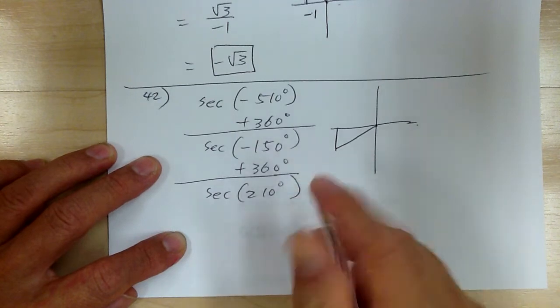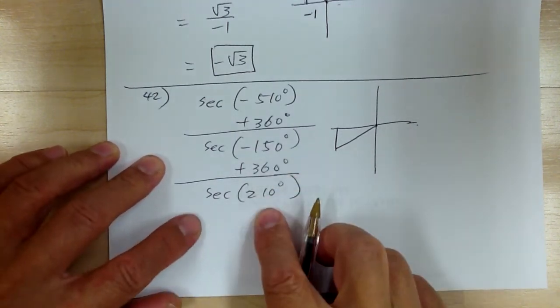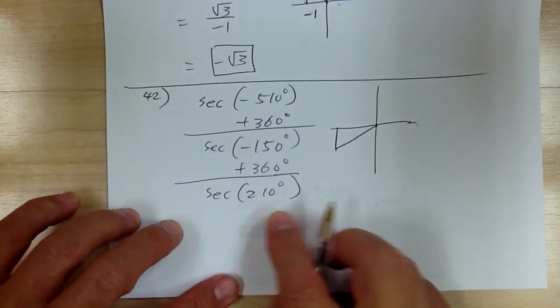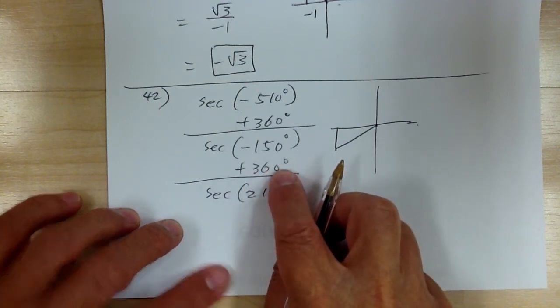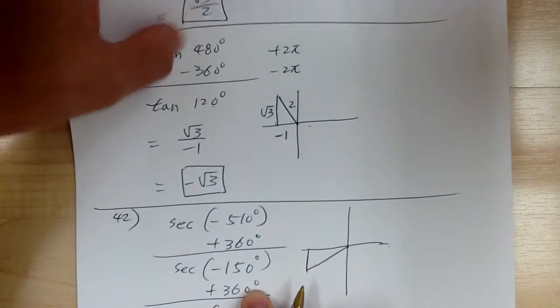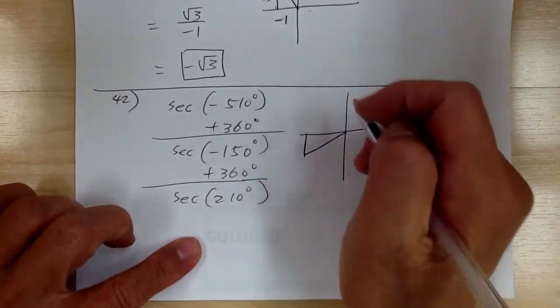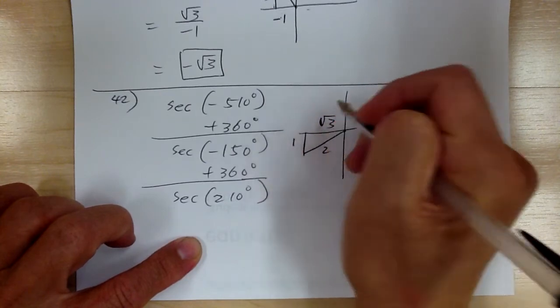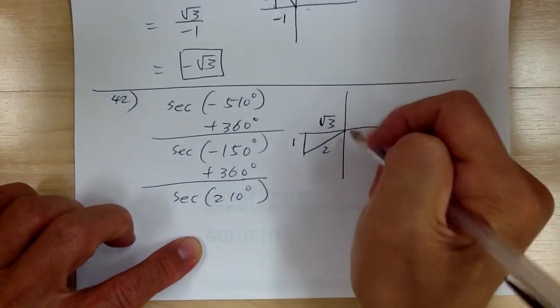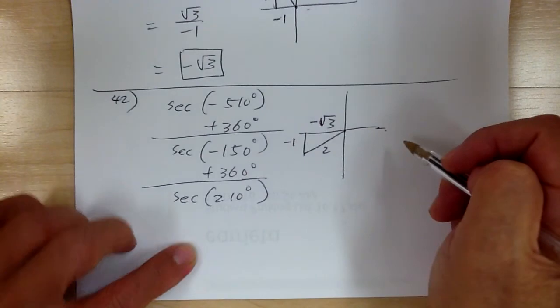So you can learn how to use coterminal angles to get a nice angle that you're familiar with. Again, if it's degrees, you plus or minus 360. If it's radians, you plus or minus 2 pi to get to a nice angle. Over here, your numbers would be 1, 2, square root of 3. First get the number, then get the sign. So this is negative and this is negative.